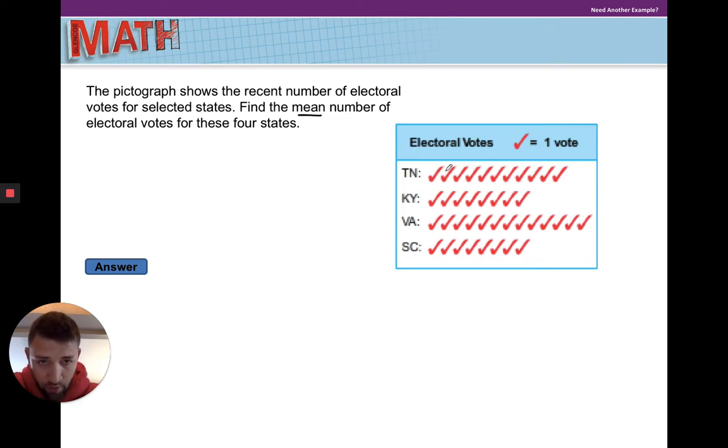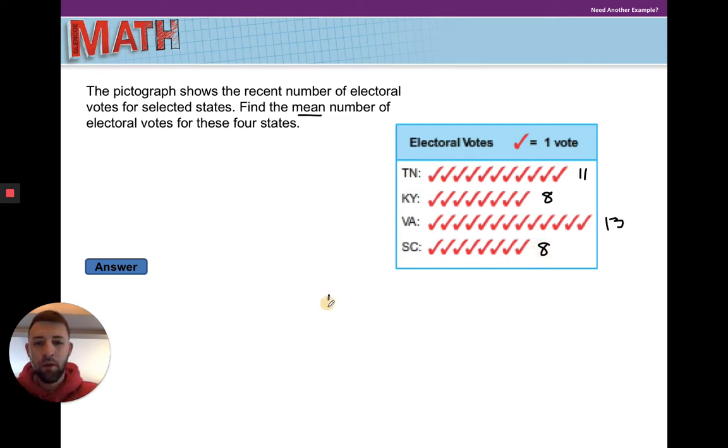So 1, 2, 3, 4, 5, 6, 7, 8, 9, 10, 11 votes for Tennessee. 1, 2, 3, 4, 5, 6, 7, 8 votes for Kentucky. 1 through 13 votes for Virginia. And 1, 2, 3, 4, 5, 6, 7, 8 votes for South Carolina.